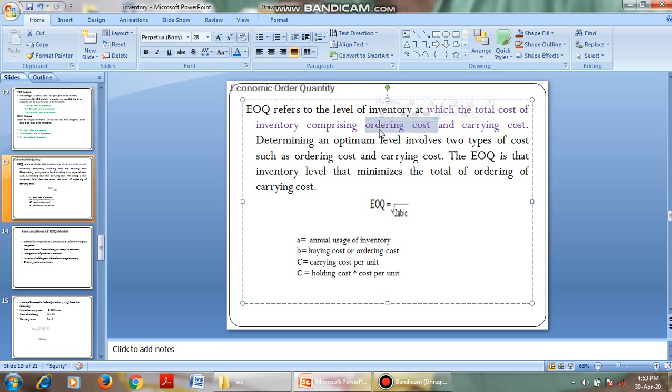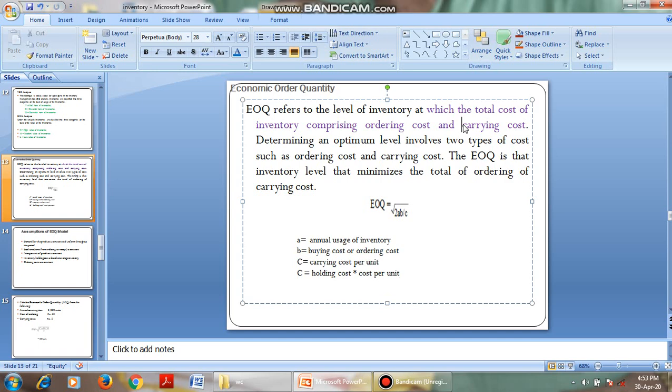For example, if you want to order an inventory, it requires some cost, that is called ordering cost. Carrying cost: to carry that inventory, there is some cost, we call it carrying cost. Clear? Very simple. This EOQ analysis is based on ordering cost and carrying cost.